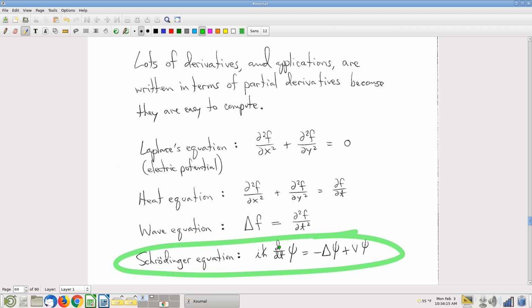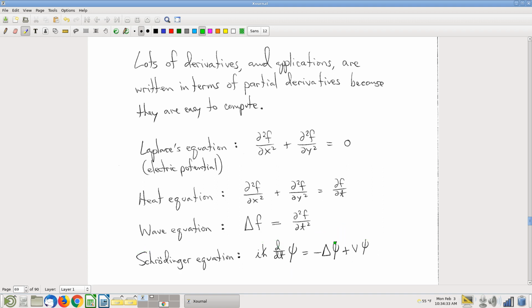Depending on your major, you may or may not see a little bit of quantum mechanics here or there. If you're a physics major, you will. But anyway, this is the equation that describes, you might say, the equation of matter. And it's got partial derivatives in it in the form of this Laplacian right there, and there's another derivative, a time derivative, there.